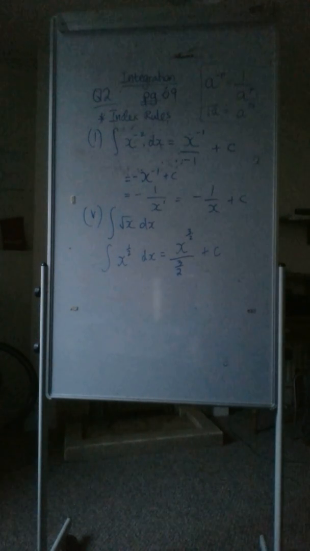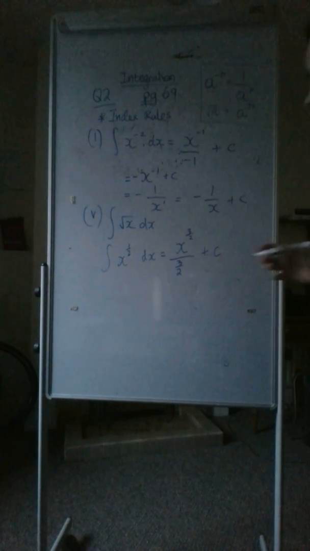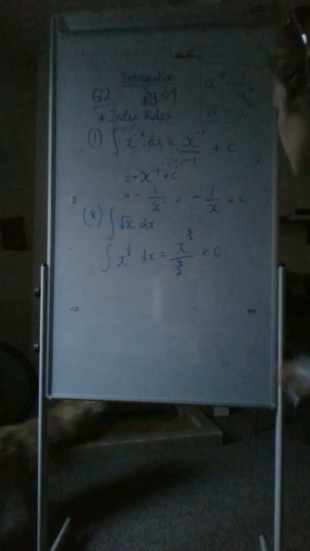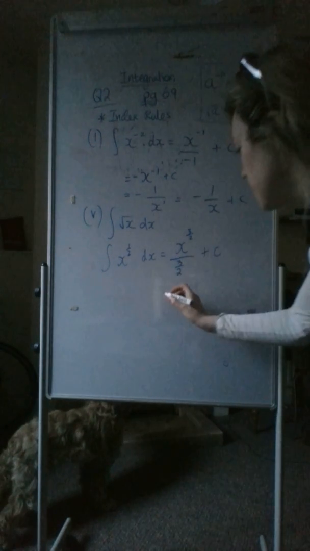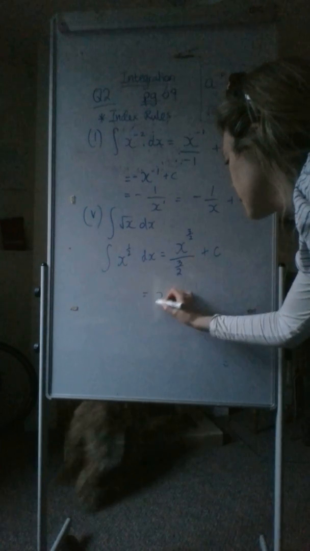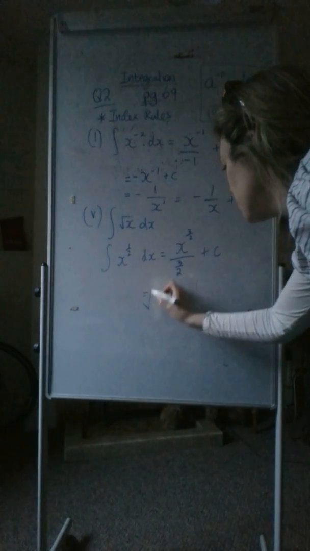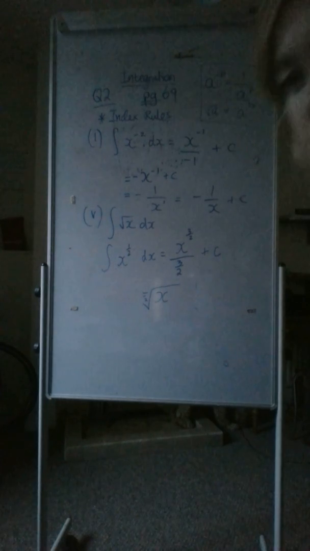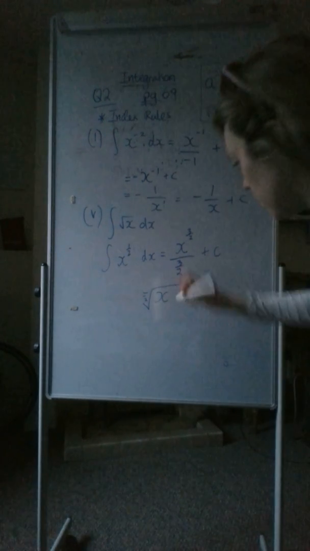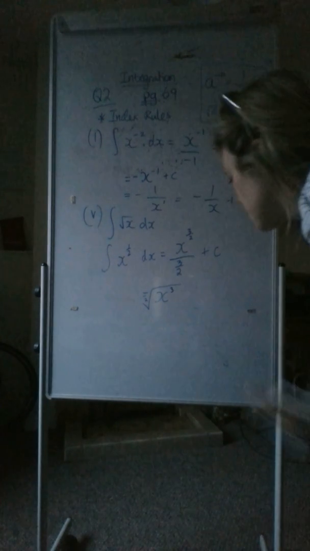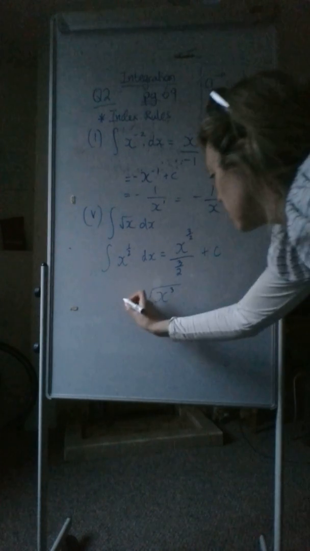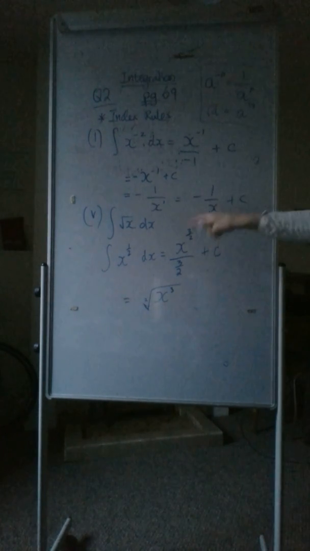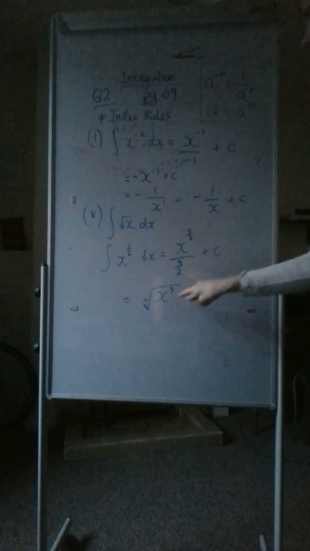Now, this is essentially it integrated, but what I can do now is tidy it up using simplification or index rules. Firstly, x to the power of 3 over 2 is the same as the square root of x, cubed. This bit goes in the root, and this goes to the power.